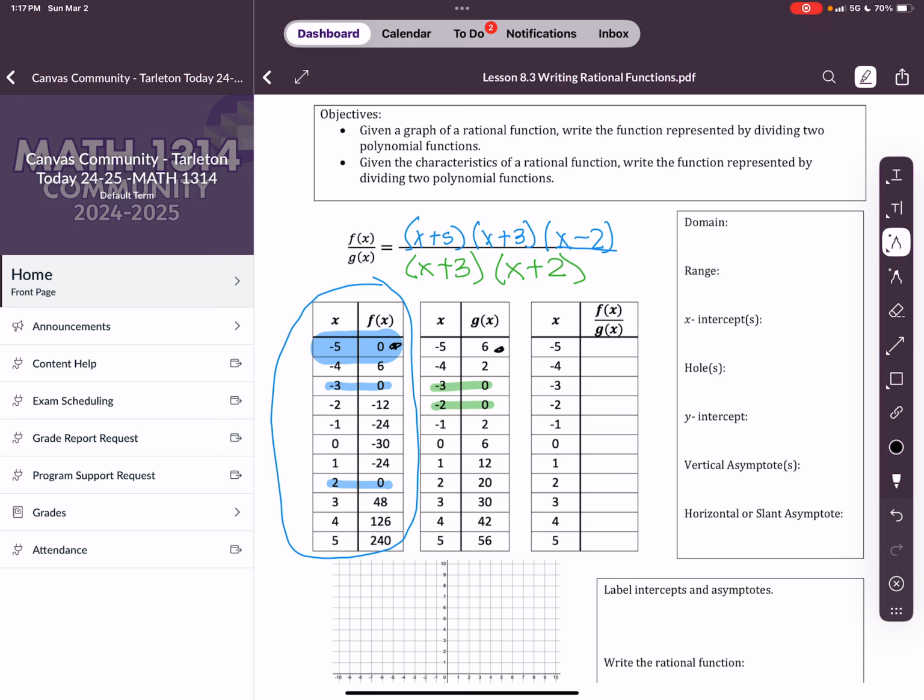And so for time's sake, I'm going to just go ahead and fill out the table. If you have any questions on how I got these values, please let me know, and I will show you more explicitly how I got these, okay? So let me just fill this table out for you so that way you can see what we're talking about as we're going over this.